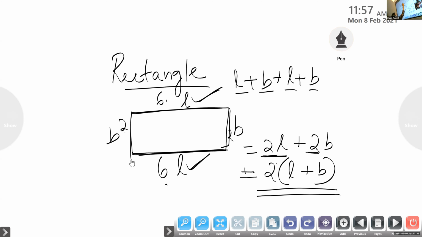So what is the formula for a rectangle? 2 times L plus B. So children, I can do it without the formula and with the formula.